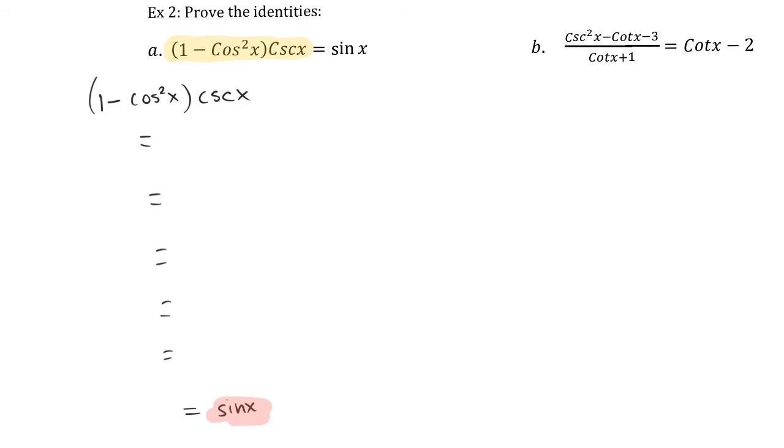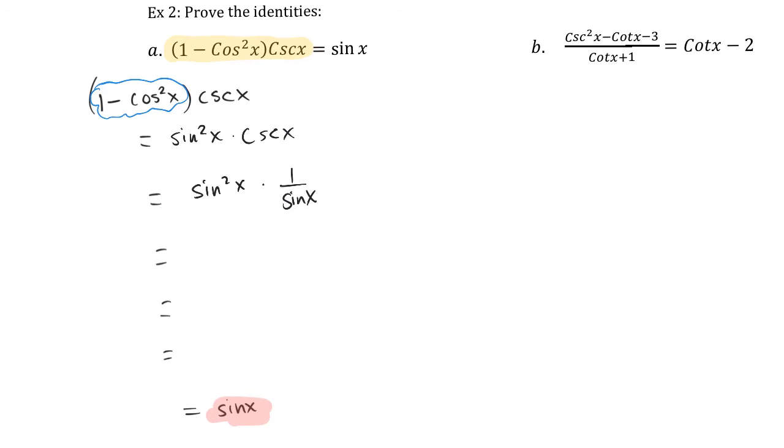Okay, so let's see. 1 minus cosine squared, that is a Pythagorean identity, so I can replace that with sine squared of x. Now I'm going to use the definition of cosecant, that is 1 over sine of x.